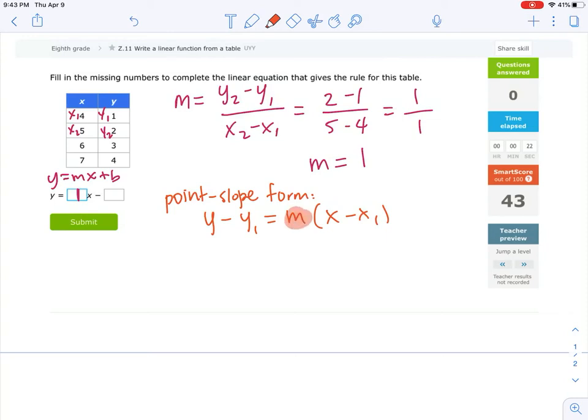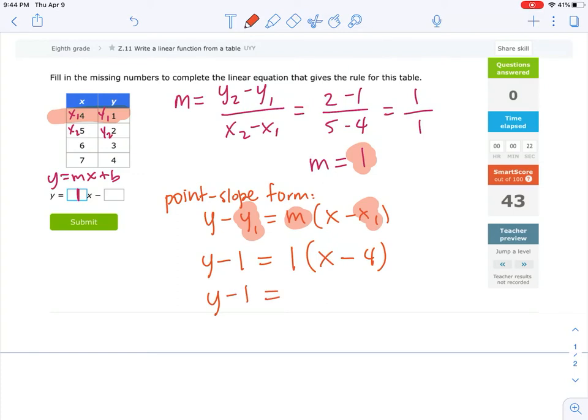So for point slope form, we need the slope. Well, good thing we already have the slope. We know the slope is 1. We also need to fill in y1 and x1. Well, we have y1 and x1 right here in the table. So I'm going to fill that in. y minus 1, because y1 is 1, equals 1 because the slope is 1, times x minus 4 because x1 is 4.